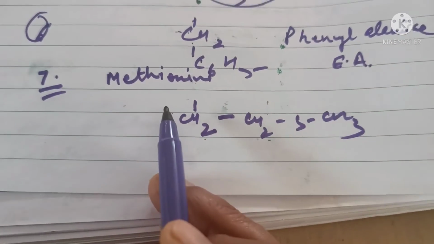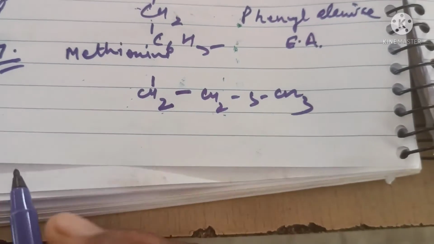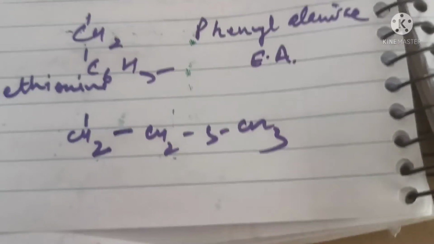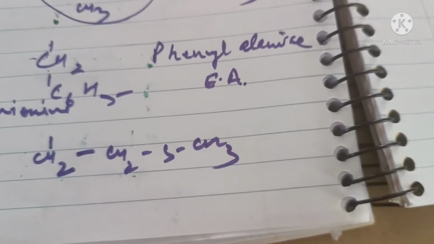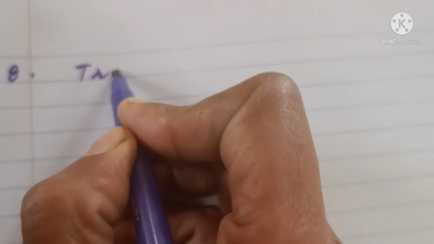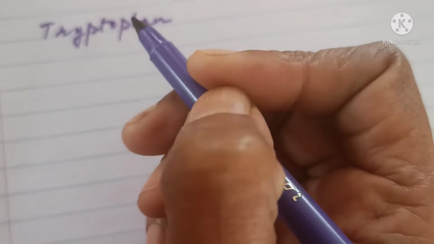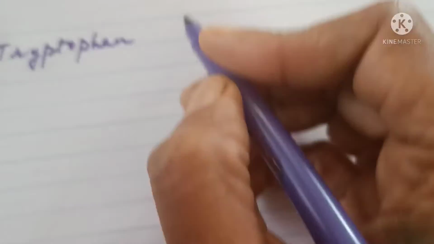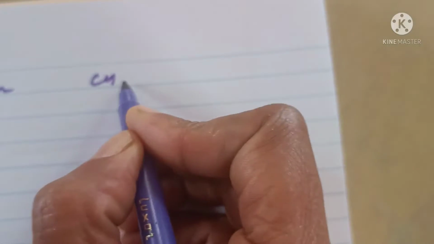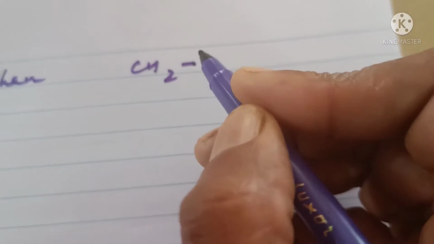So let's write down amino acid number 8 now, after methionine. This is tryptophan. When one H of the CH3 is substituted with a 5-membered pyrrole ring to which a benzene ring is attached, then we get the amino acid tryptophan.